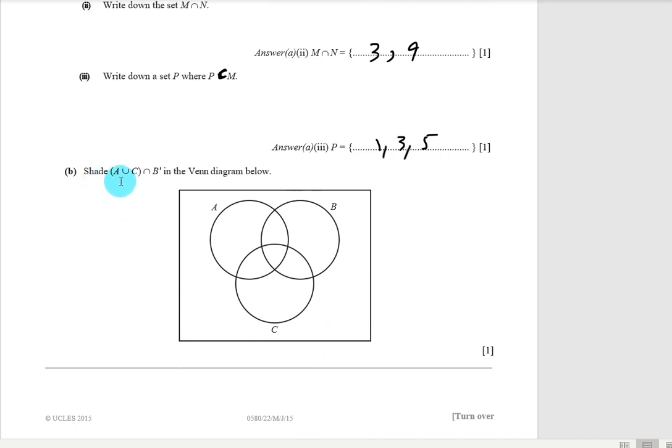Shade A union C intersected with B dash. Let us start now with B dash. Where is B dash first? B dash is everything except B, so all of this area.